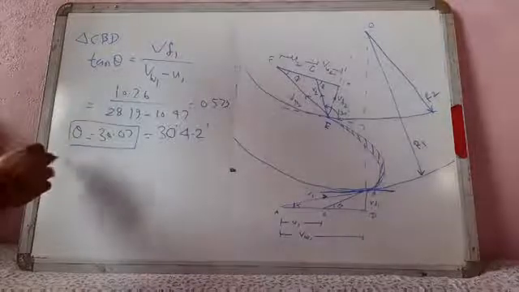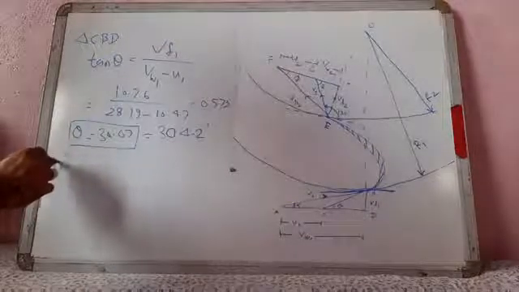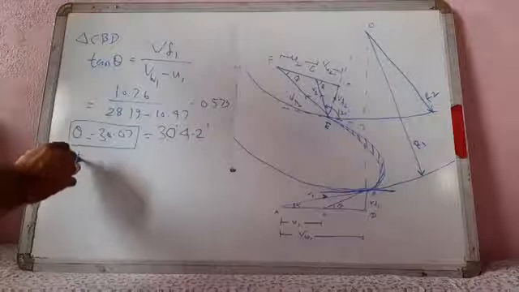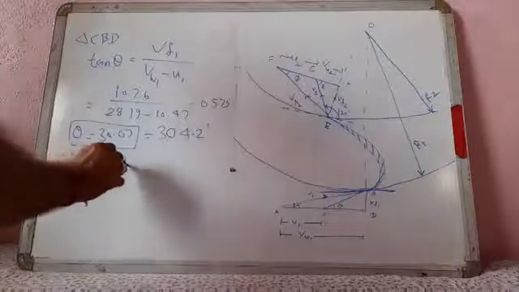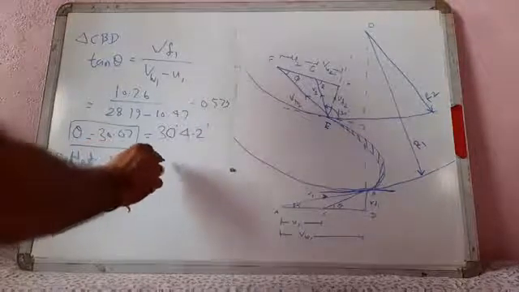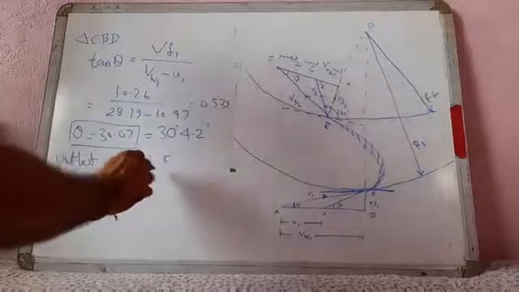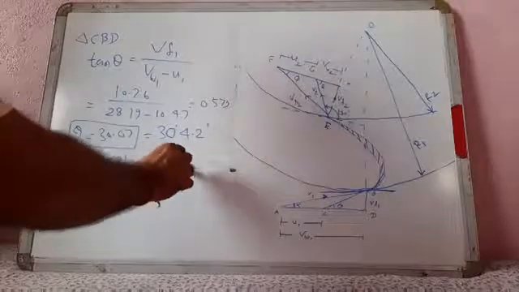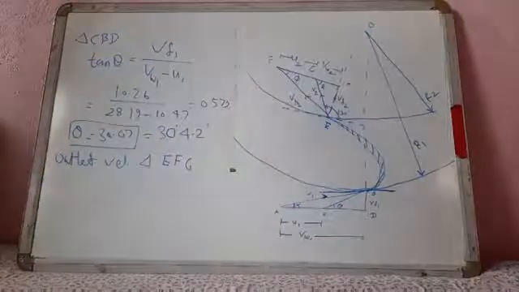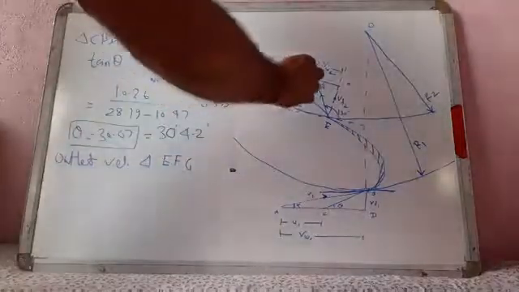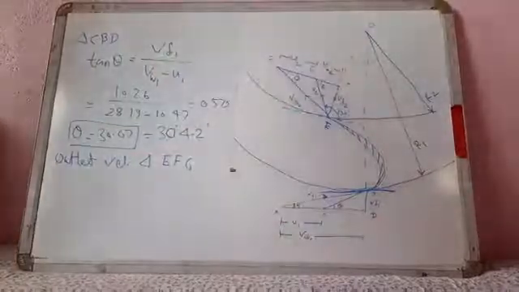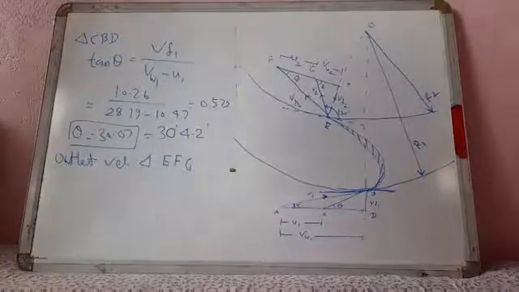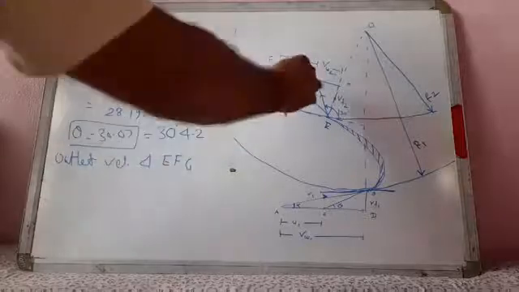From the outlet velocity triangle EFG, the value of VW2 we have to find out, that is V2 cos beta.